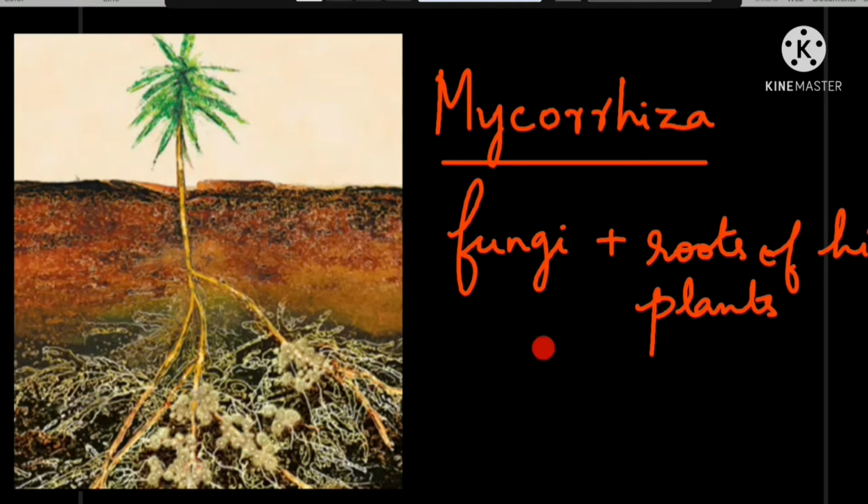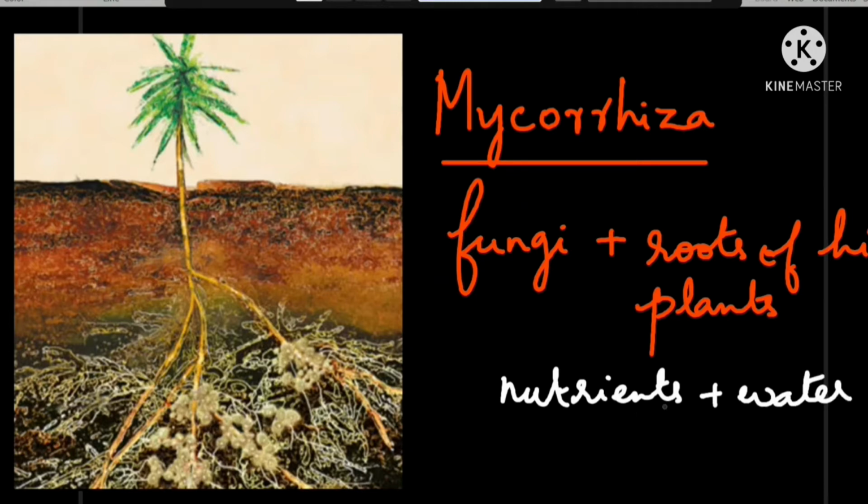So what the fungi gives to roots of higher plants is nutrients and water. It helps in taking up nutrients and water and giving it to the roots of higher plants.